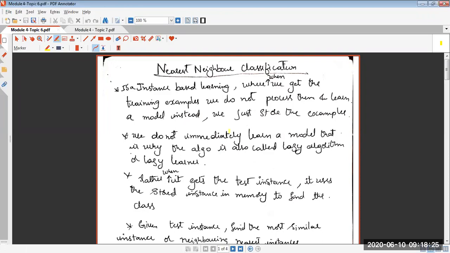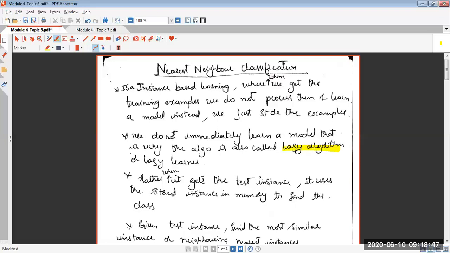So in decision tree and rule-based classifier, we had a readily available model. But we saw that in the case of a nearest neighbor classifier, there is no model. It is not taking the effort of building a model. That is why we labeled it as a lazy algorithm.